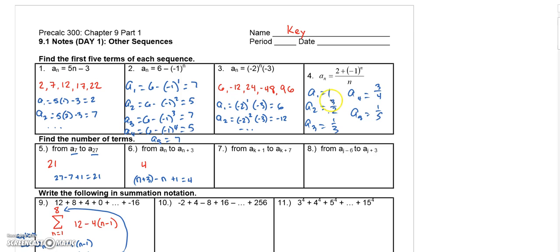So if you notice, the denominator is increasing by 1 because that's n. So on your first term it's 1, on your second term it's 2. The numerator is going between 1, 3, 1, 3, 1. So we can notice a pattern. That's neither arithmetic nor is it geometric. It's just a different type, showing a different pattern.